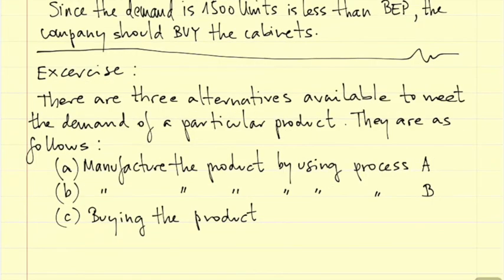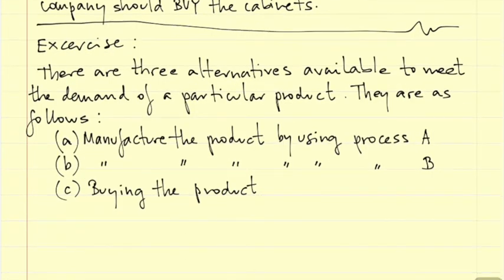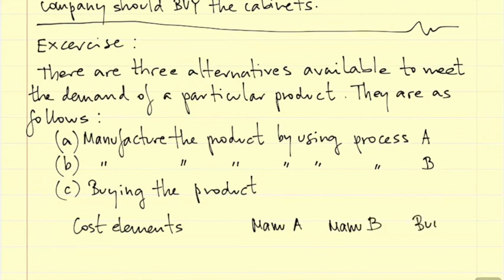The details are given, okay? Cost element. So manufacturing with process A, manufacturing with process B, or buy, okay?